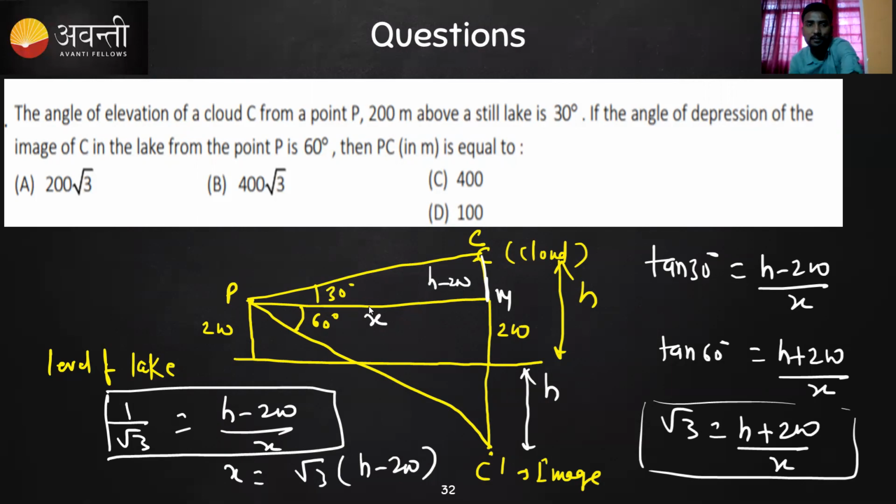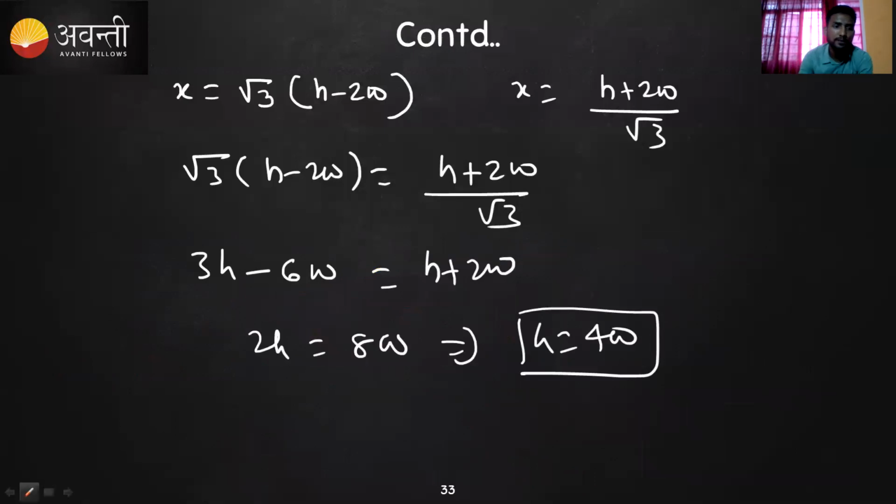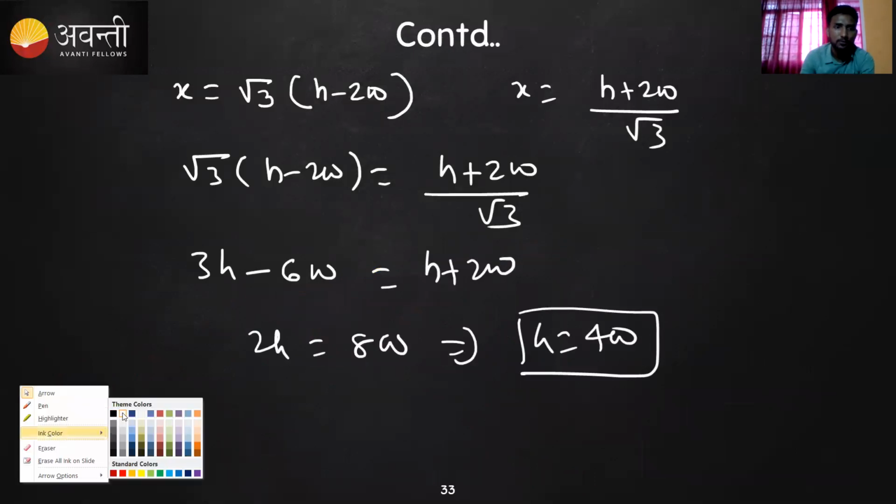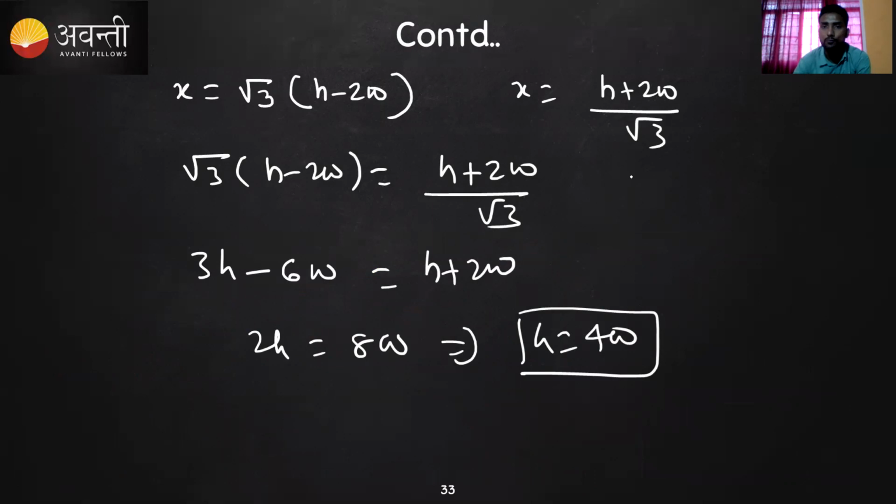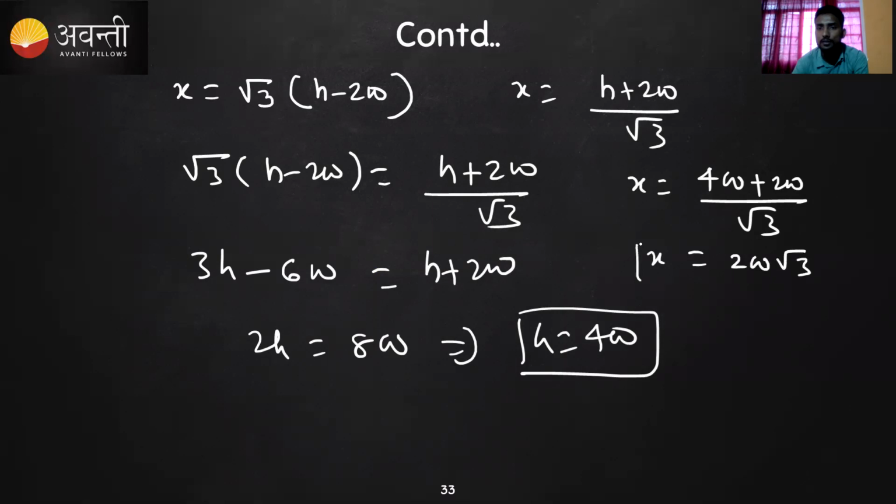So you can simply find this x. What will be this x value? It will be 400 plus 200 divided by root 3. If you find this value, x value will be 600 divided by root 3, so it will be 200 root 3. Okay, so 200 root 3.